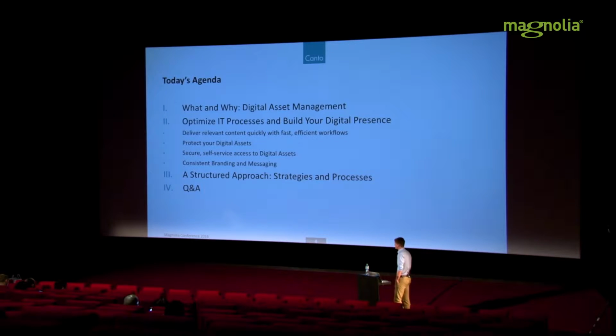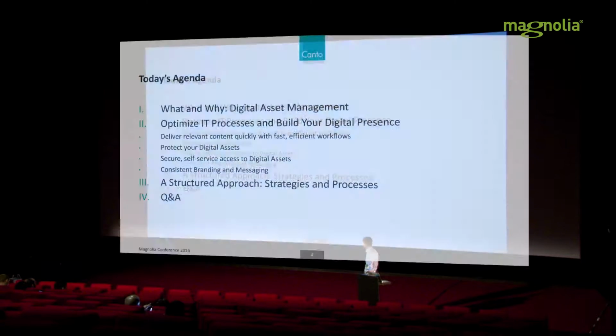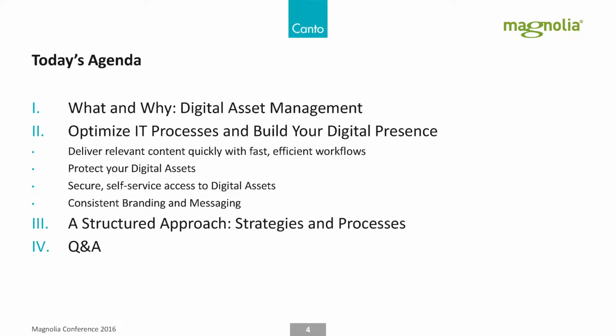And with all those changing forces at work and Internet of Things and all that, you need to find a way how to optimize your processes. What we'll talk about today is I'll give you a brief intro to what digital asset management is and how it can help you, and how you can optimize your processes with it. And one really important thing is to deliver the content the consumers are requesting really fast.